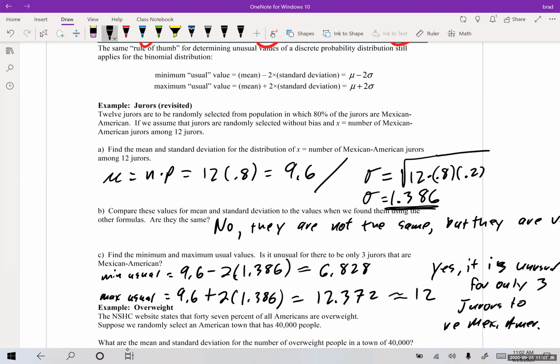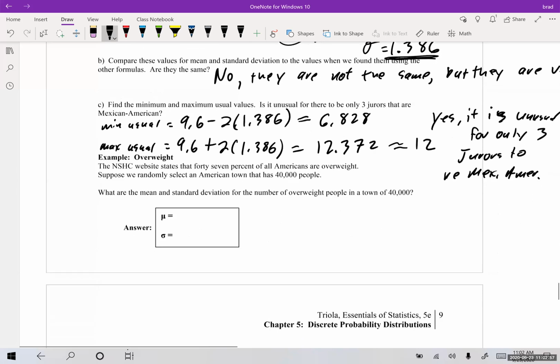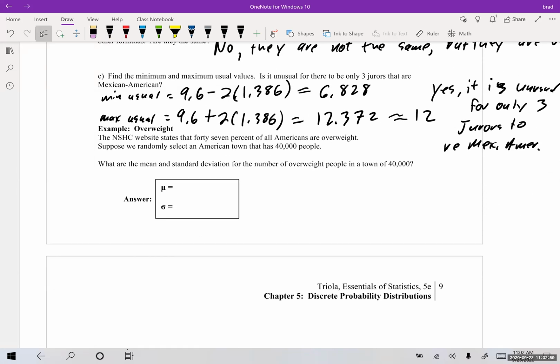Because you're taking from a population of 80% Mexican American, you would expect to have about 9.6, because remember, the mean is like the expected value. That's kind of our expected number of jurors that should be Mexican American. And so about 9 out of the 12, maybe even 10 out of 12 when you're drawing from an 80% population, okay?